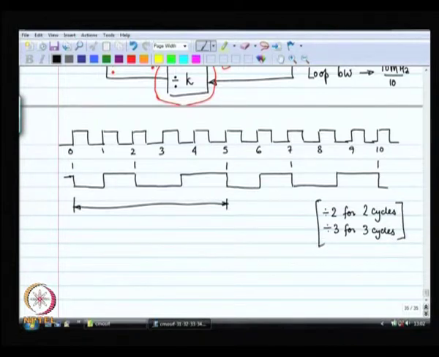Okay. Now, what does this look like as far as the phase detector is concerned? Does this look like a signal which has a period of 2.5 seconds?